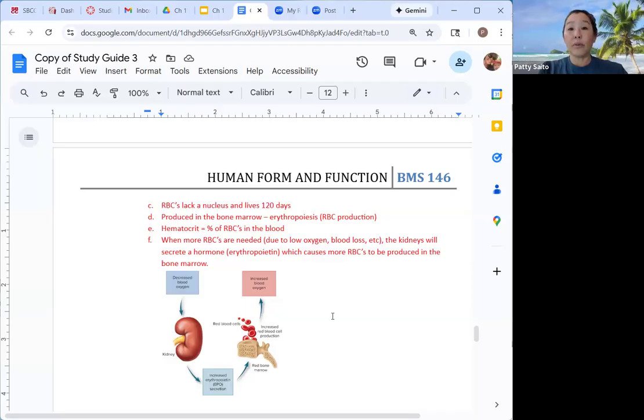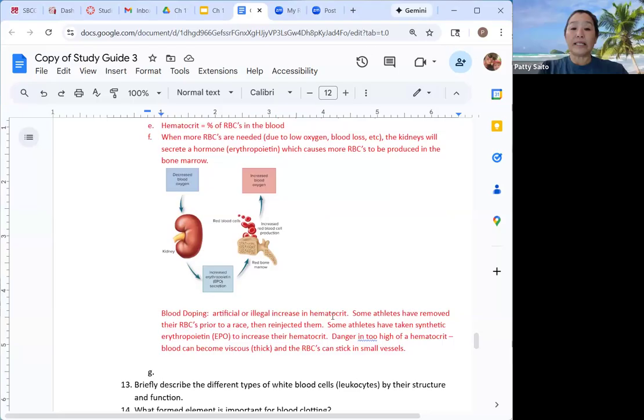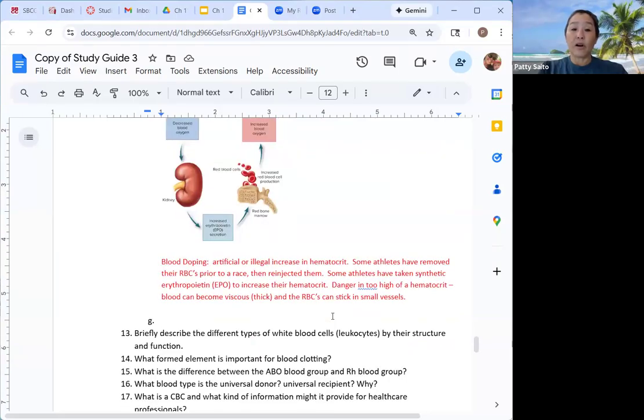That's called blood doping. Blood doping is an illegal way to artificially increase your hematocrit, your red blood cells. There are different ways to blood dope. What I just talked about, some people call natural blood doping, and that's not illegal. But if you raise your red blood cells significantly, that would be illegal.